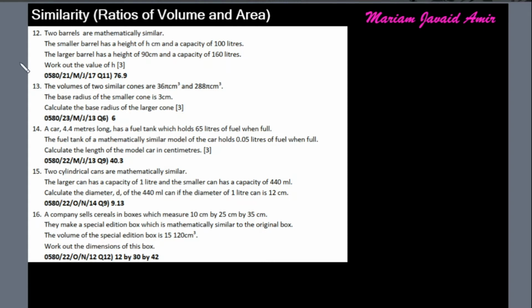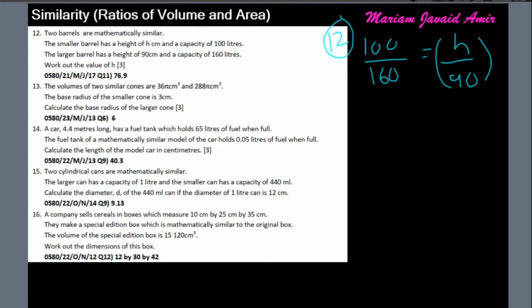Question number 12. Two barrels are mathematically similar. The smaller barrel has height of 8 centimeters and a capacity of 100 liters. Larger barrel has height 90 centimeters and capacity of 160 liters. Work out the value of h. So V1 over V2 equals L1 is 8 over L2 is 90 whole cube.